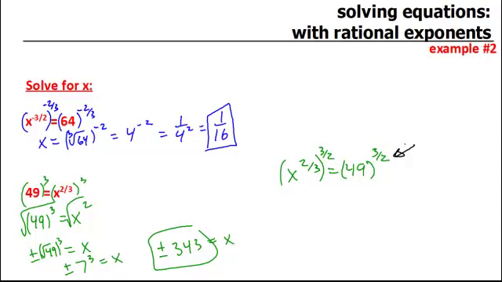And extracting an even indexed root requires you to consider both the positive and negative. So here you would have to understand that because this was a square root, you have to take the plus or minus. So 7 cubed, again, gives you the same thing, 343. But be aware of that distinction.